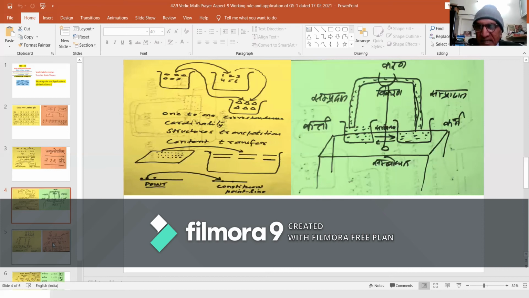This takes us from mathematics to technologies. So Vedic mathematics has inherent, inbuilt Vedic technologies format.